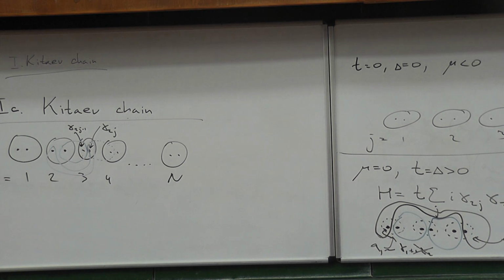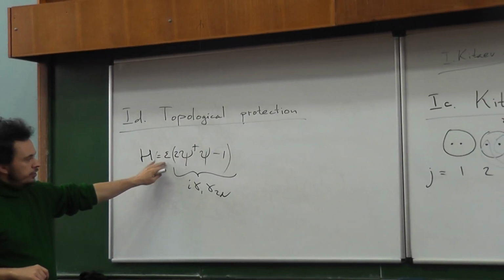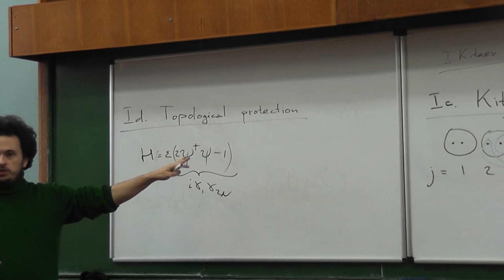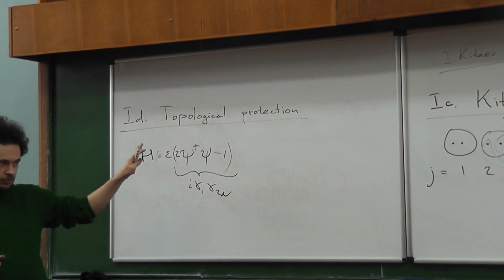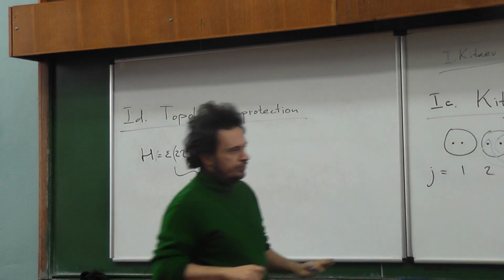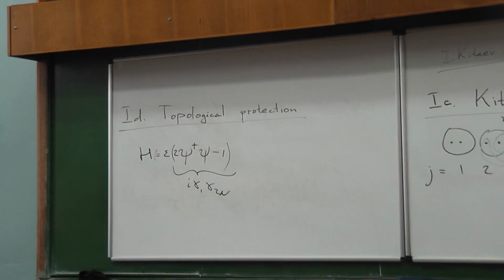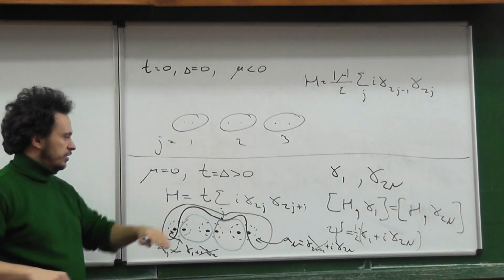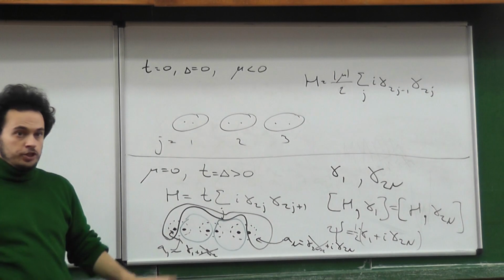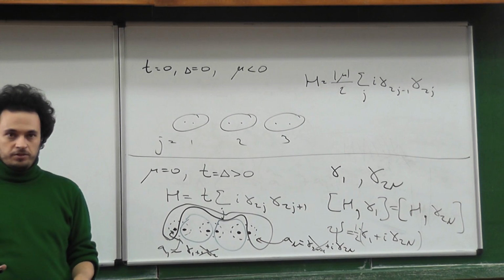So we conclude that this is not possible. We are always going to keep the degeneracy. That's if we assume that the bulk gap is infinitely large. This is an exact statement.